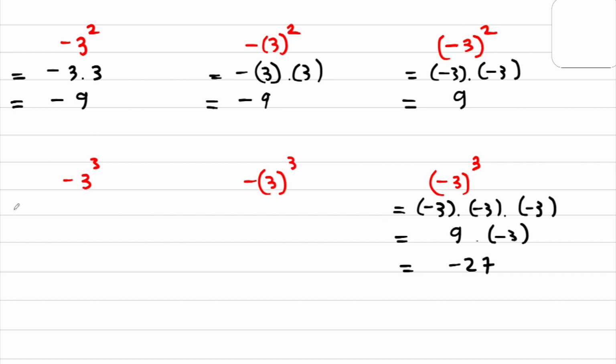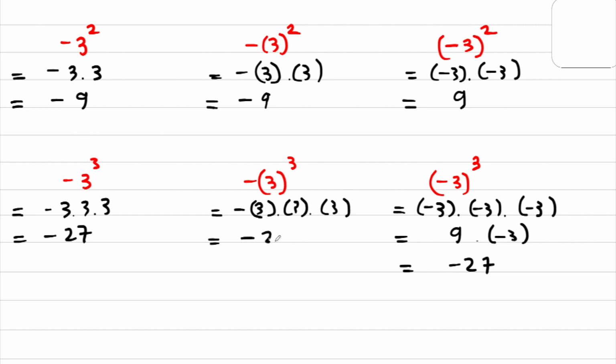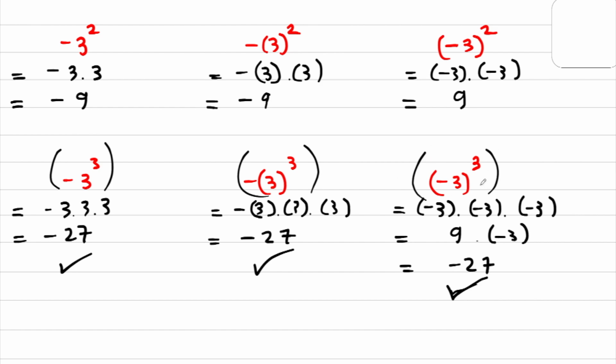And how about the two previous forms? Minus 3 here is minus 27, and for this one is minus 3 and minus 3 bracket. Yes, and minus 27 one more time. These have to be the same because the result is minus 27, but the meaning of this one and of this one is a little bit different.